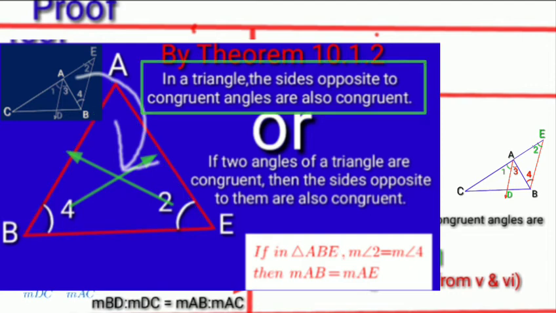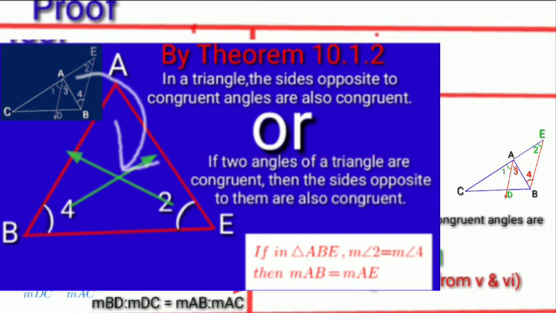This statement can also be written in another form: if two angles of a triangle are congruent, then the sides opposite to them are also congruent. In this triangle, if angle 2 congruent angle 4, then it proves side AB congruent side AE, which can also be written in this form: measure side AB is equal to measure side AE, which is equation 5 of this proof.